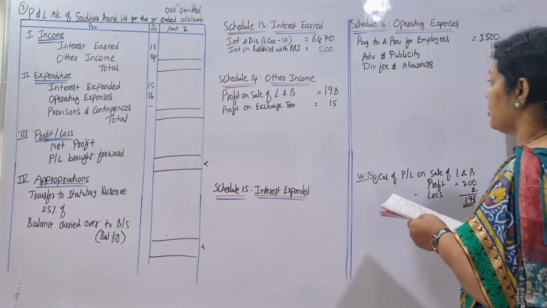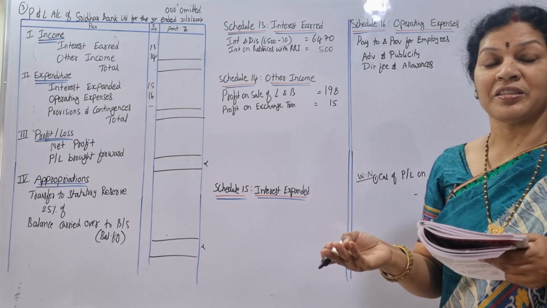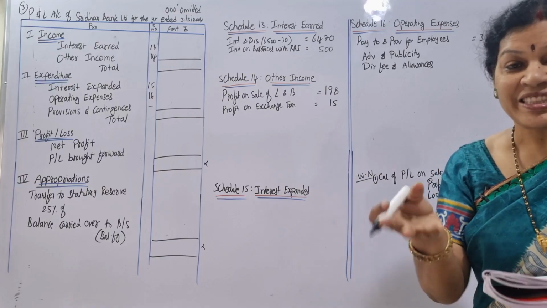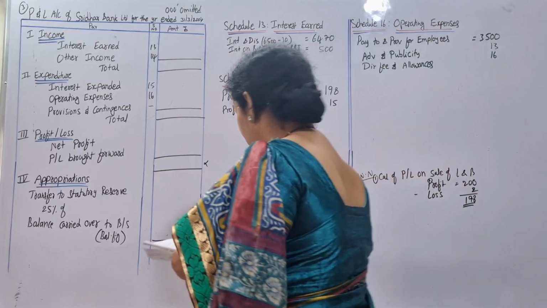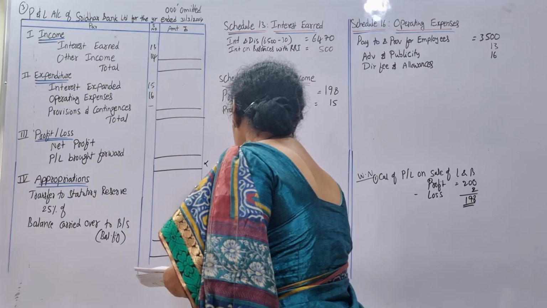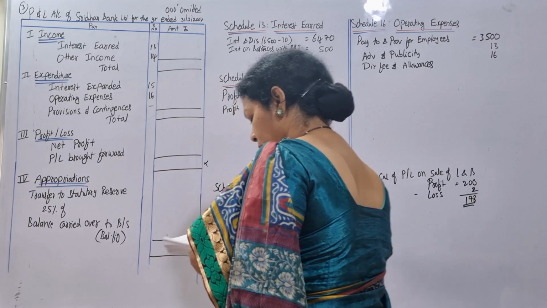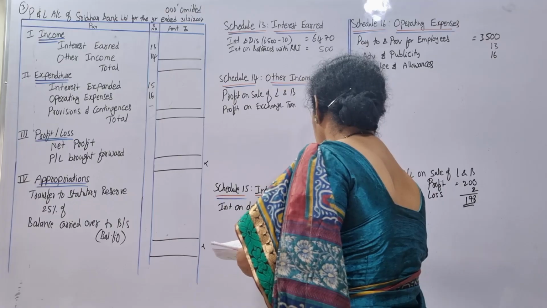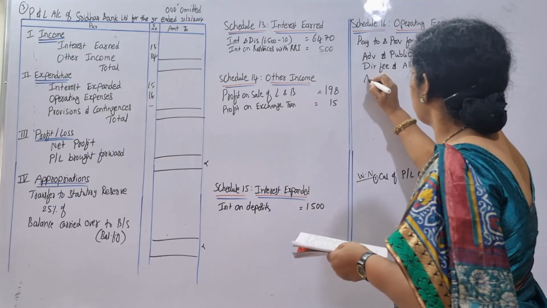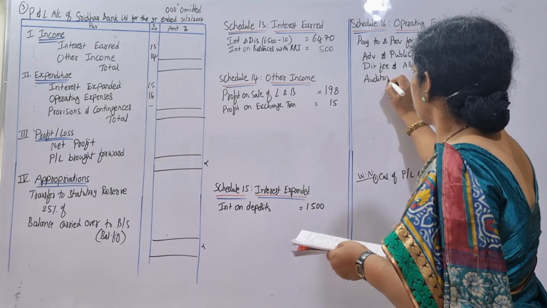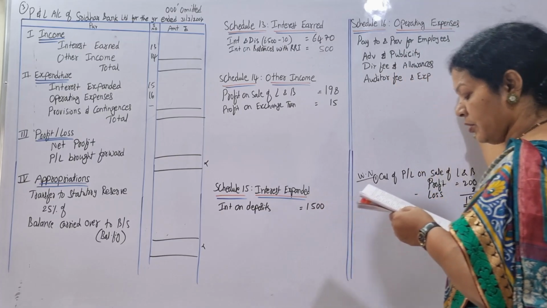This is 16. Next, interest on deposit. Bank is paying on this deposit. So schedule number 15. Interest expended. So interest on deposit. This is 1500. Next, auditor fee, operating expenses. Easy to identify operating expenses. Auditor fee and expenses. How much is it? 40.